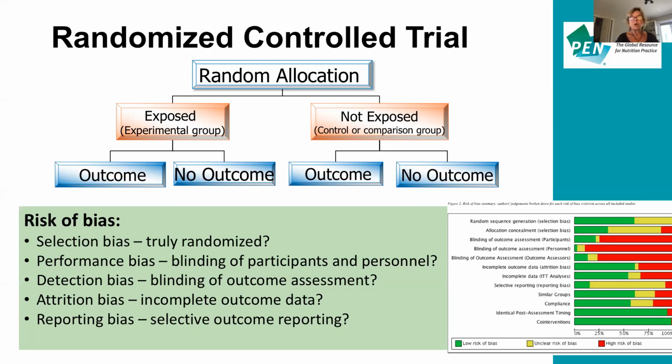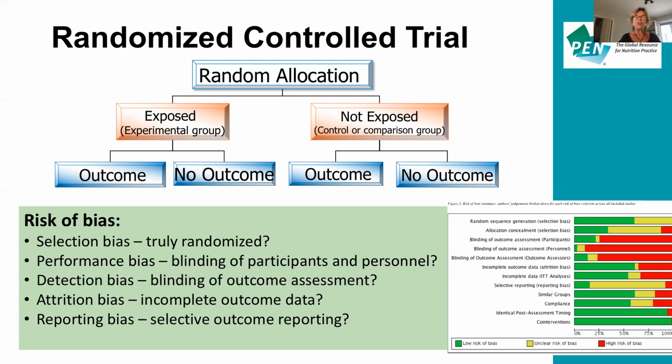If the randomization process wasn't blinded, so the participants and the personnel, or the outcome assessor wasn't blinded. If there was a high dropout rate and they didn't account for those participants, or if there was selective reporting of outcomes, so not all the outcomes were reported, just some of the outcomes.